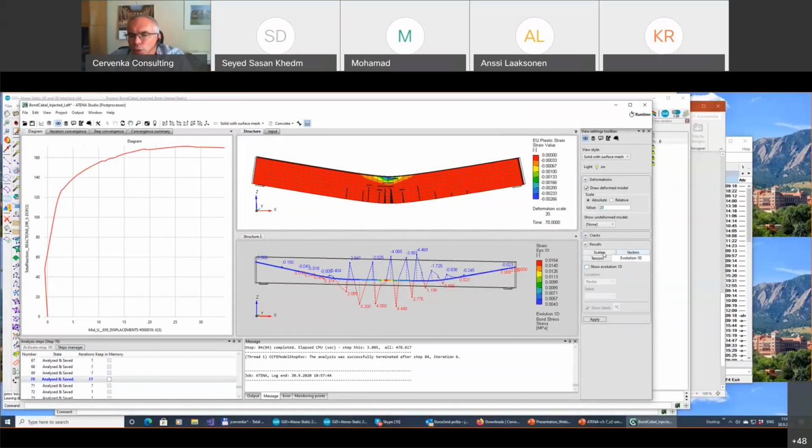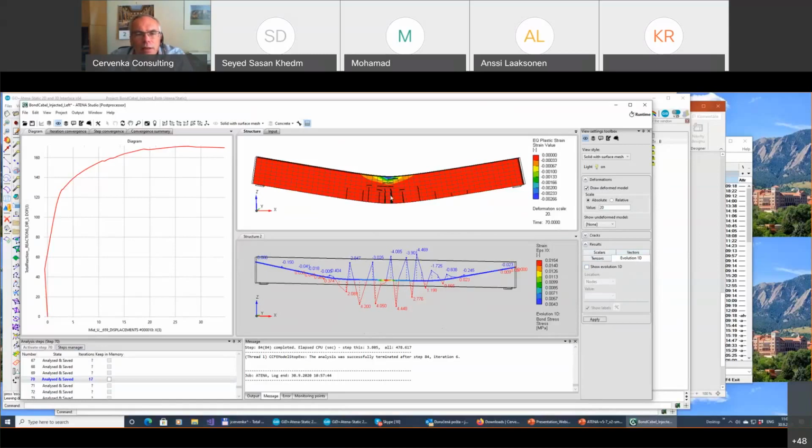As I told you, on the reinforcement we can display things either as evolution, so this 1D evolution is showing the bond stress, and by color along the reinforcement we are showing the strain. So we see that the strain in the reinforcement is more than 1%. That means the reinforcement, or the tendon, is yielding.